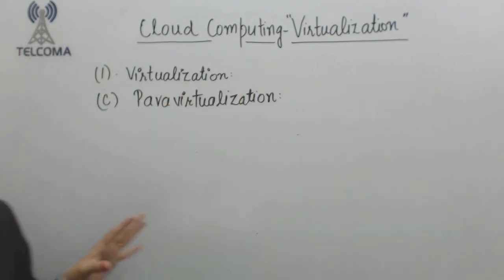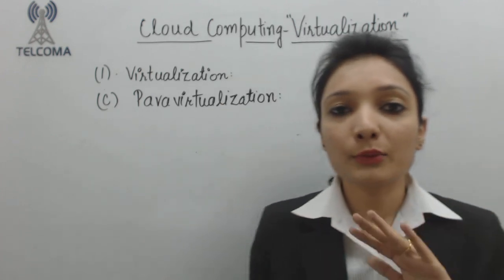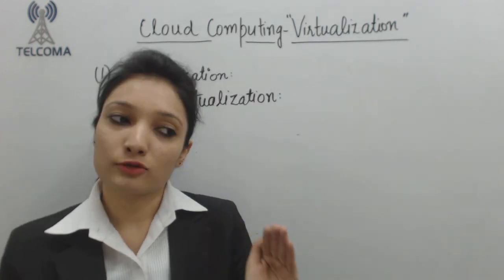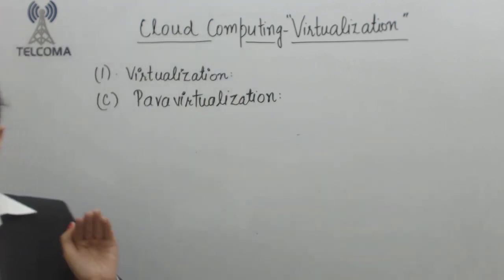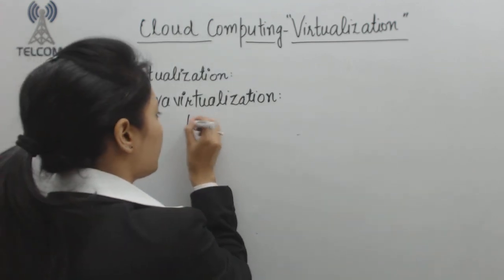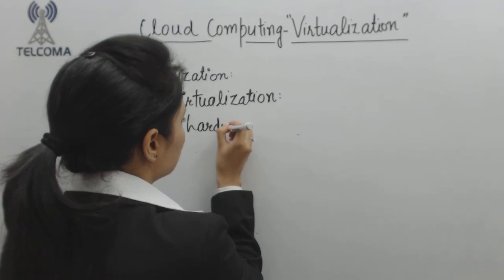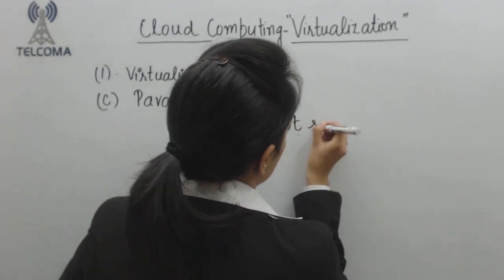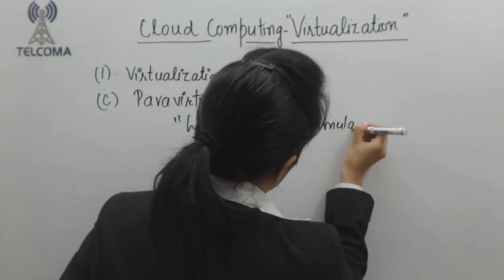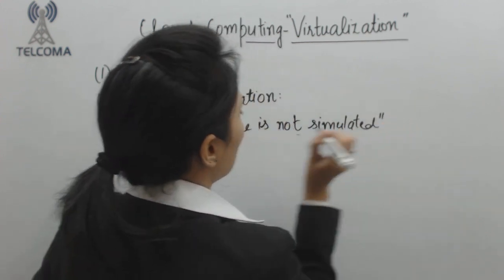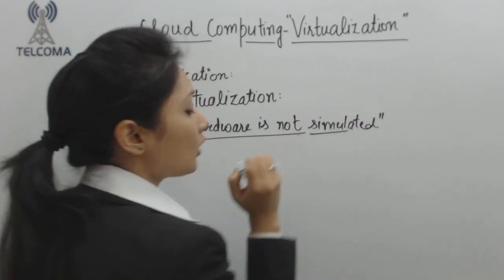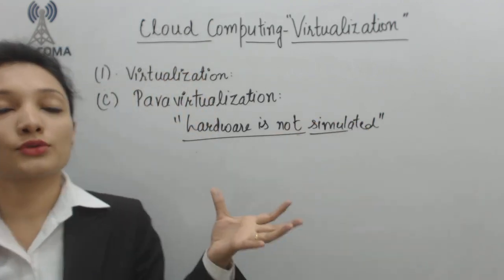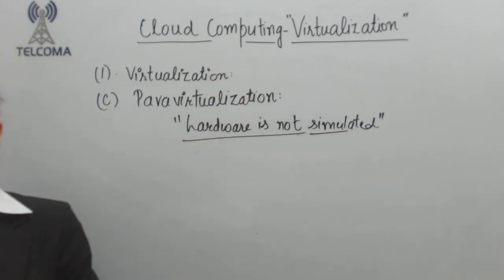In para-virtualization, hardware is not simulated. The guest software runs in its own isolated domains. Here the hardware is not simulated. That means para-virtualization is an enhanced version of simple virtualization.